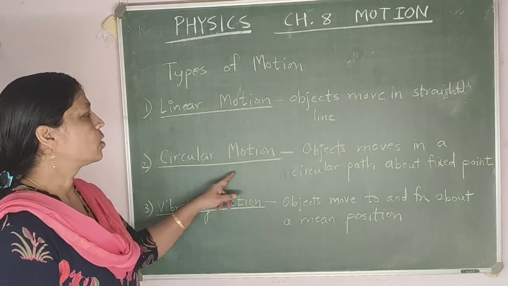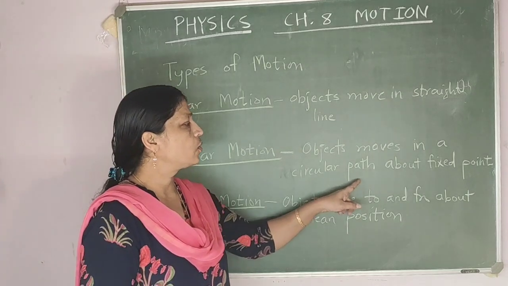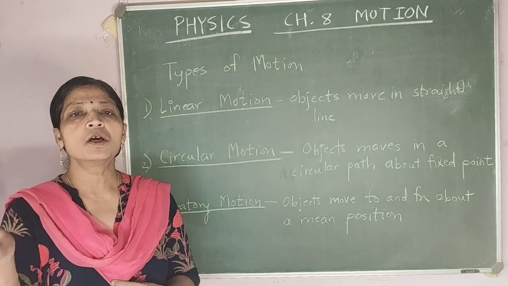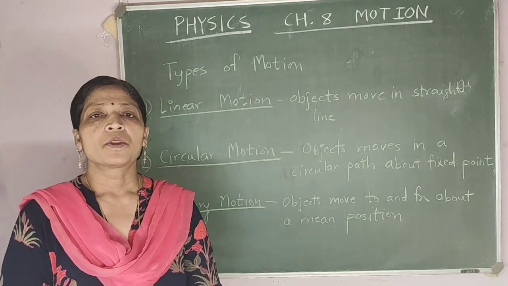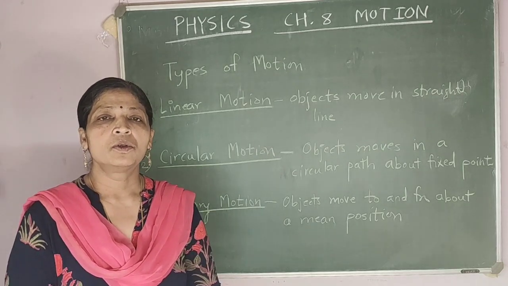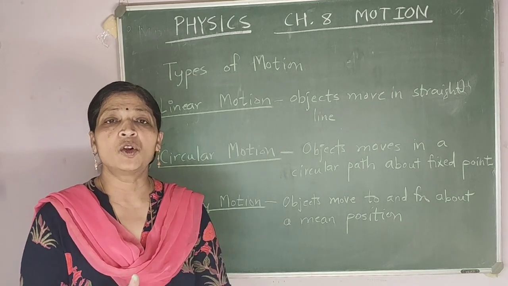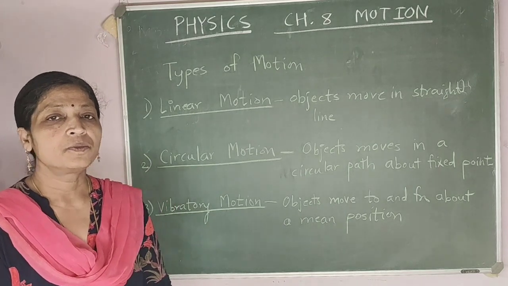Second one, circular motion. Objects move in a circular path about a fixed point. Examples: a merry-go-round, a fan, a spinning top. These are examples of circular motion.